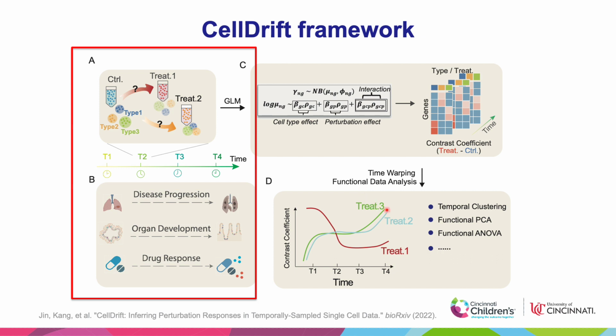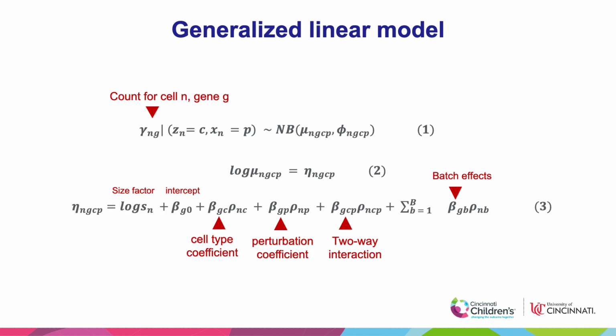With it, we can identify temporal clustering patterns, reduce the temporal complexity using functional PCA, or prioritize temporally associated genes using functional ANOVA test.